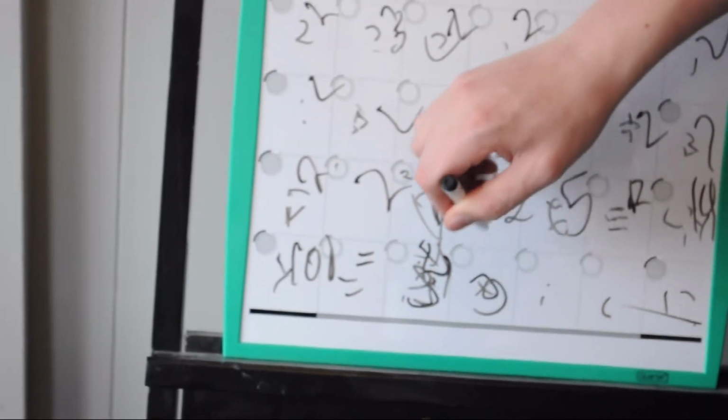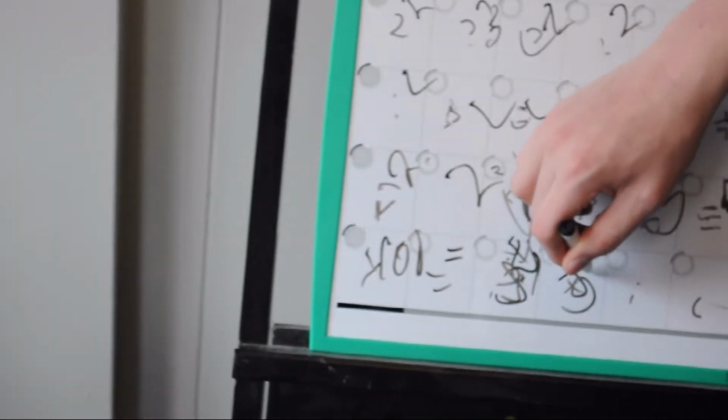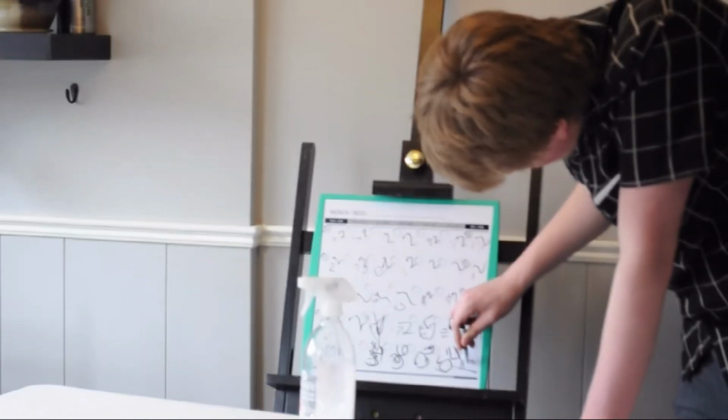So the answer is 37 to the power of 2, because you have that 2 theme going on, plus stuff, because all these numbers have to be added together. But you don't have to do them at the end. They just want to see what the parts make in a normal equation. So it's 37 to the power of 2 plus 49 to the power of 49, and that's the answer.